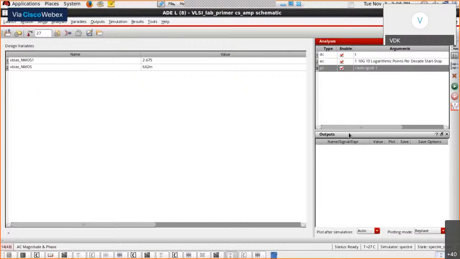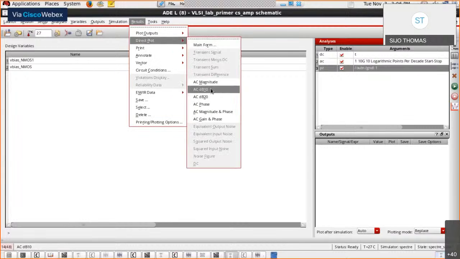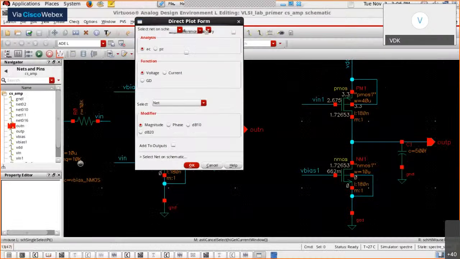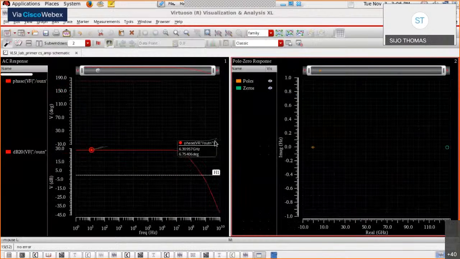Go to results, report, main form. Main form, PZ, select PZ. Plot.